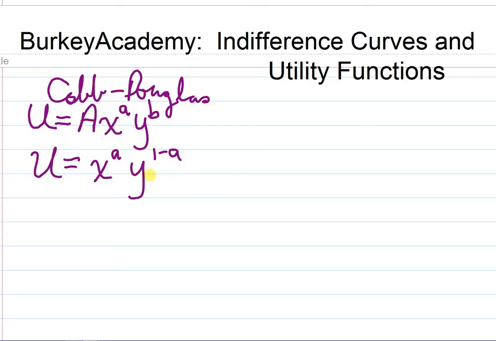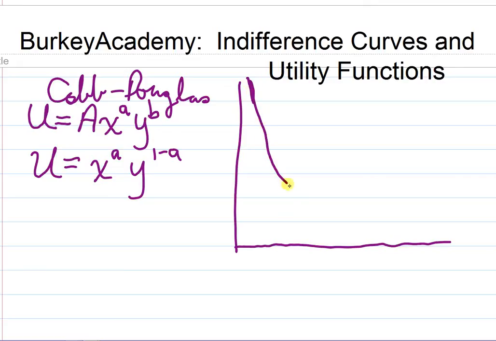Now, let's talk about what these indifference curves look like from a Cobb-Douglas real quickly. If we have our y-axis and our x-axis here, then an indifference curve for a Cobb-Douglas is always going to have a shape kind of like this. Depending on what these two exponents, a and b, are, you can get different shapes.